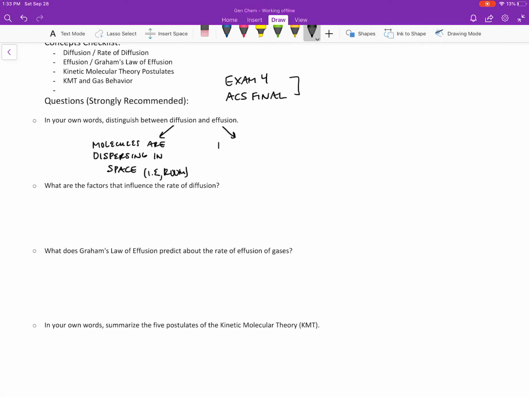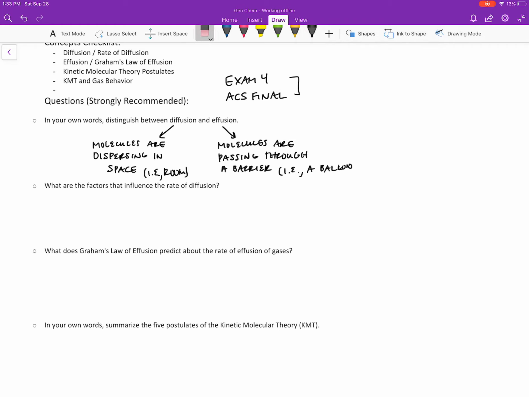Effusion, on the other hand, is where molecules are passing through something. Through a small opening, so through a barrier of some sort. So, i.e., a balloon.